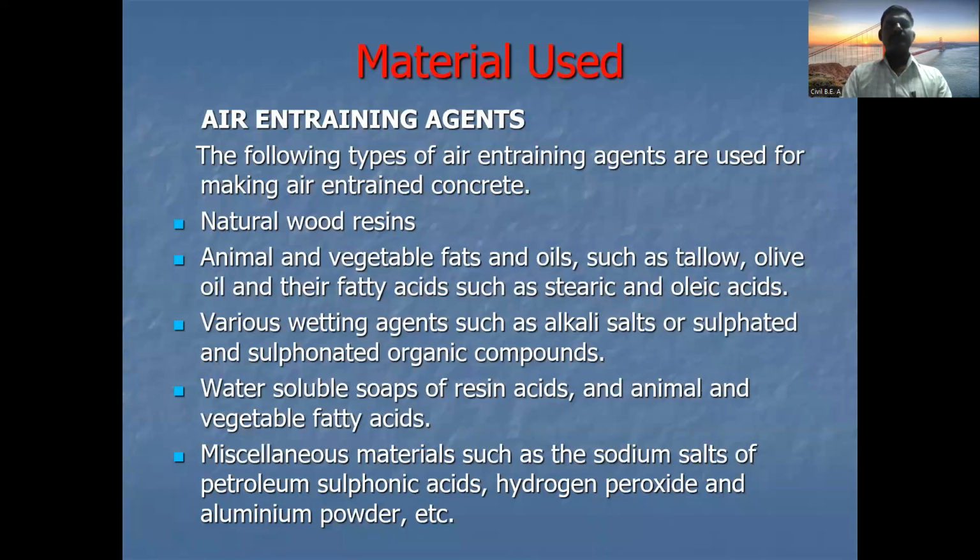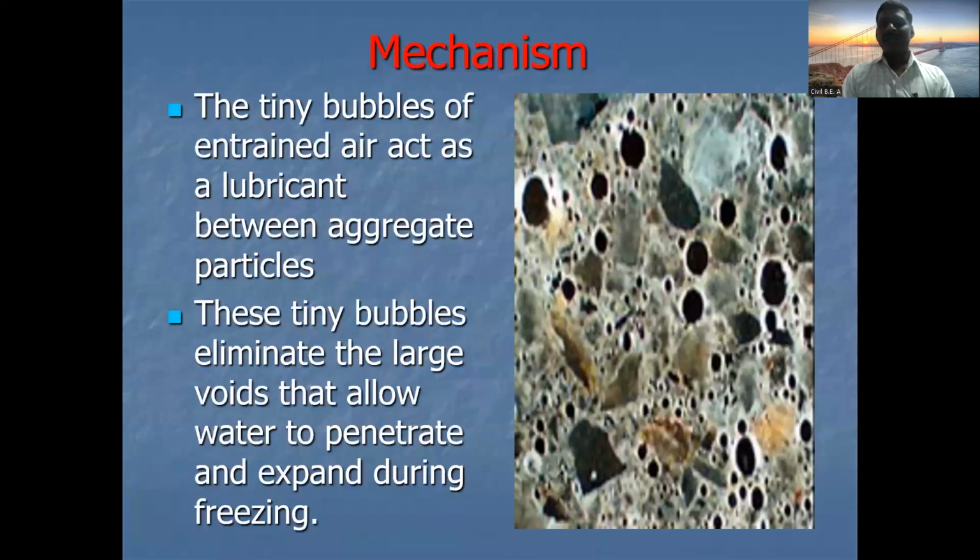So what mechanism is behind using the air entraining agent, and how is the mechanism developed or formed while we are using this particular air entraining agent? The mechanism behind this is that the bubbles of entrained air act as a lubricant.